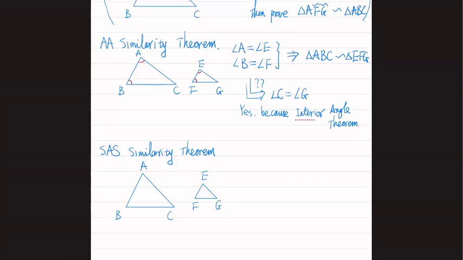Okay, we go one step further. From 3 to 2, now to 1. We have only one pair of angles. Now we need to compensate this. We don't have the second angle, but we have 2 pairs of sides with the same ratio.